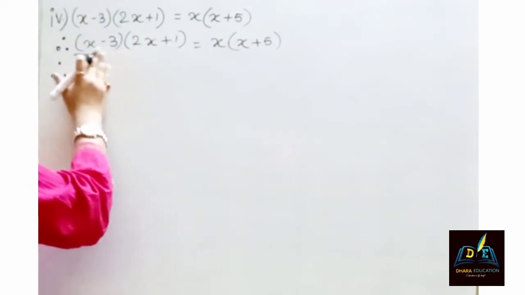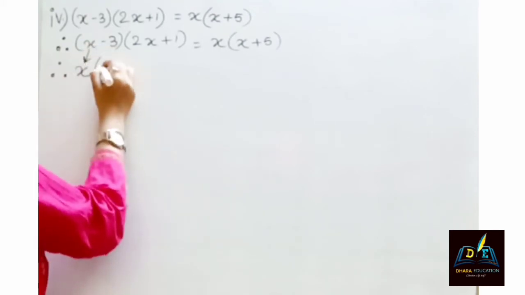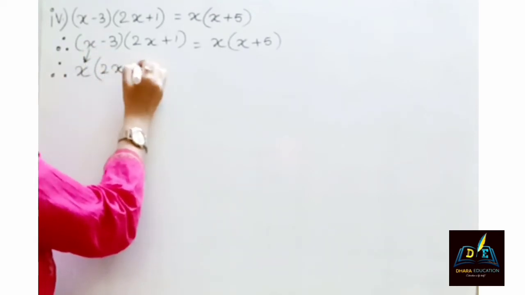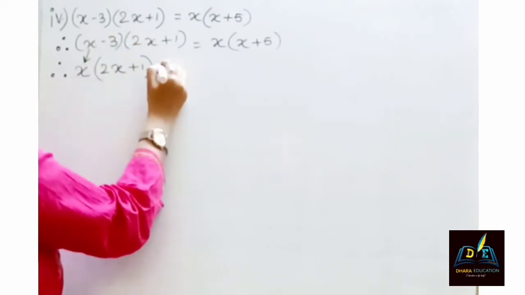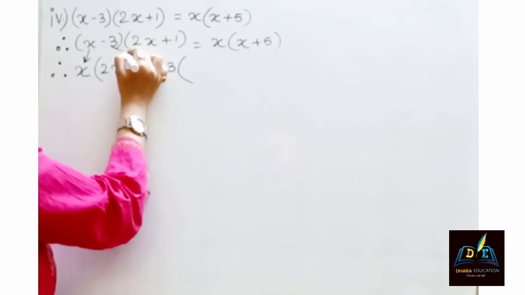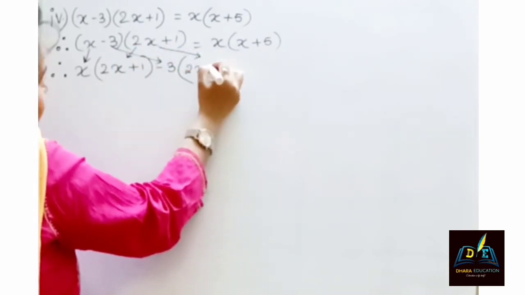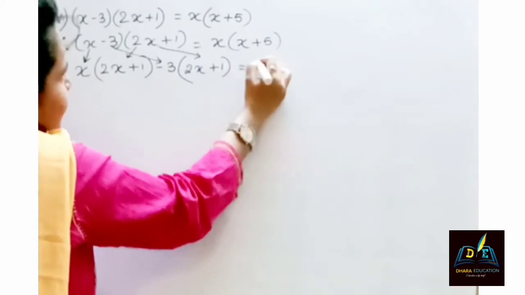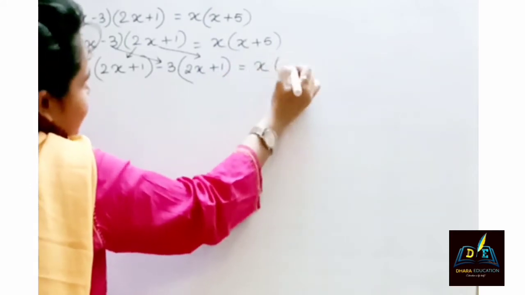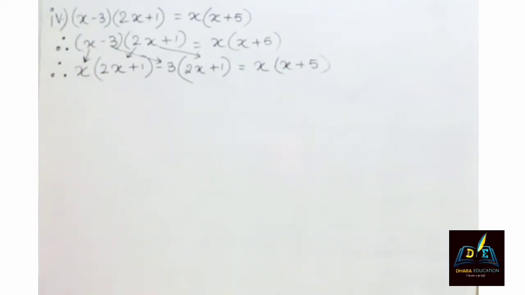Okay. So let's start. I have taken this x over here, then multiplying 2x plus 1. Minus 3 is over here, and this is again here, that is 2x plus 1. And this we have to write as it is. I have put the arrows so that it will help you understand.